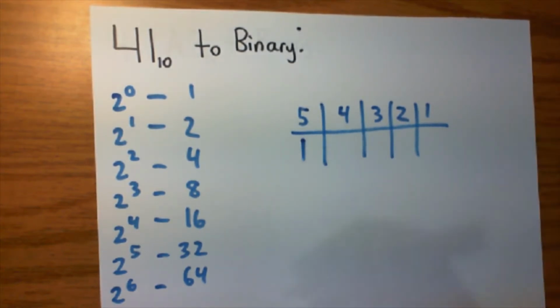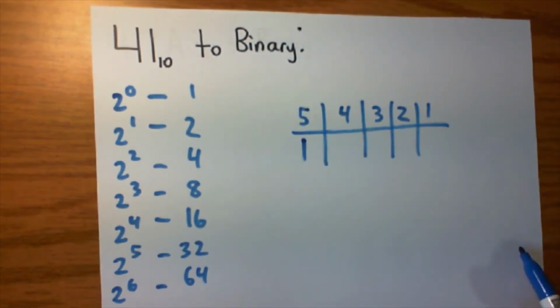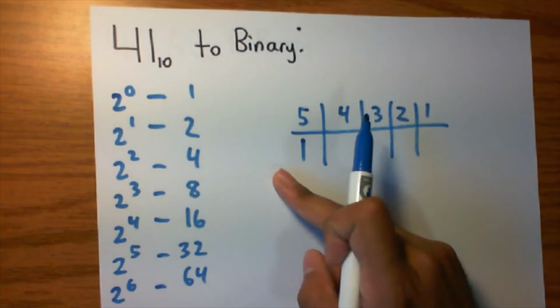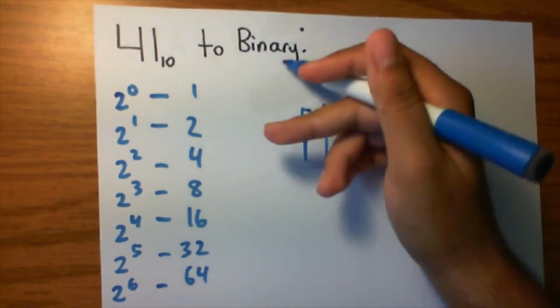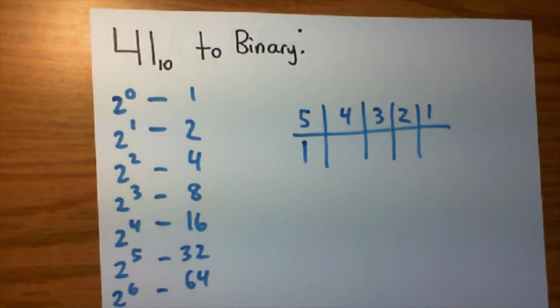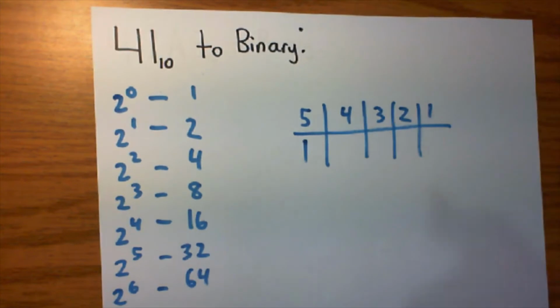So for binary, there's no point thinking about multiples. If it multiplies by 2, you probably missed a place, so you just did your conversion wrong.